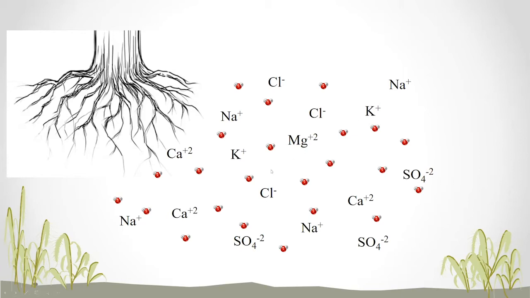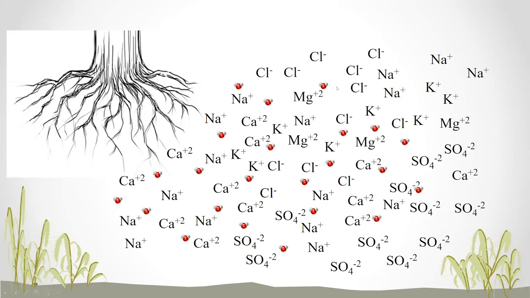But that's the reason why we can use conductivity as a surrogate measure for how much ion we have dissolved in that soil solution. And the more ion we have dissolved in the solution, the higher the conductivity of electricity through that medium. So we use electrical conductivity as a surrogate for how much salt is dissolved in soil solutions.